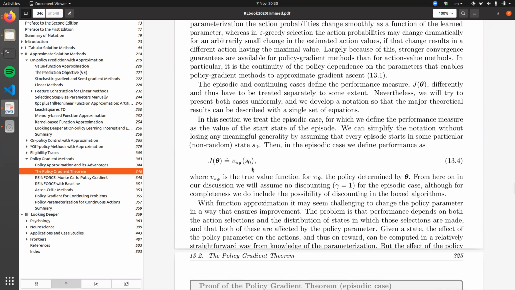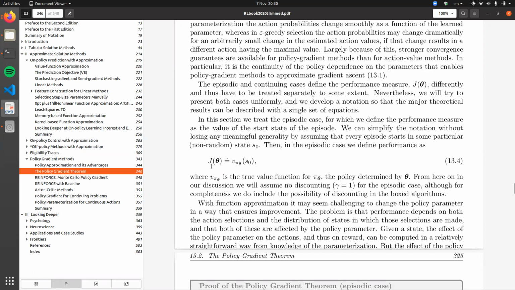This is a very simplified case, and we can incorporate more into it. But let's say we always start in a particular non-random state s0, and we have no discounting, so the discounting factor is equal to 1.